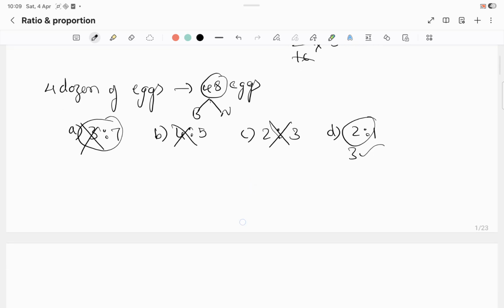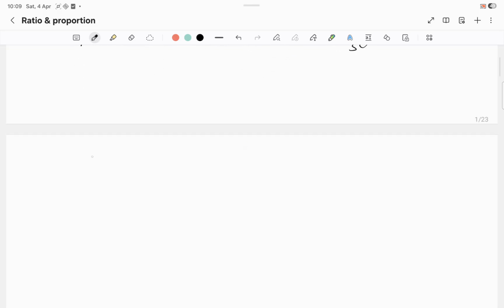Then now suppose A by B is equal to C by D, then that implies A plus C by B plus D can be equal to A by B. So how, you may ask me, will it be possible?